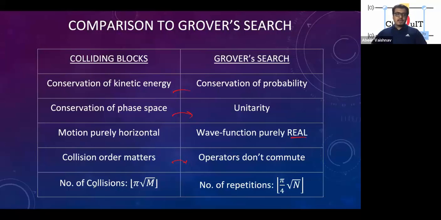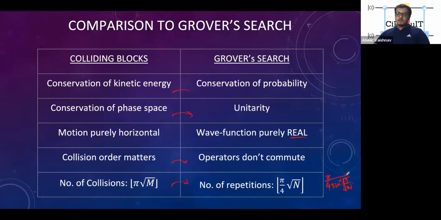The final thing is that the number of collisions here is given by the floor function of pi under root m, whereas the number of repetitions is given by this particular formula, which is a simplification of something like this. It is pi by 4 times sine inverse of under root 1 by n.